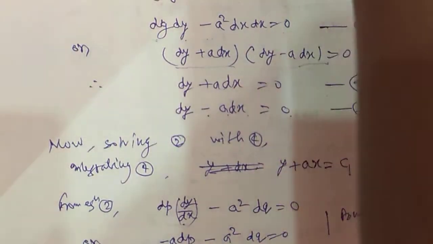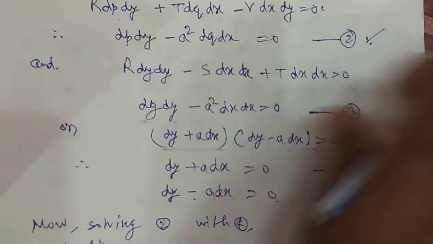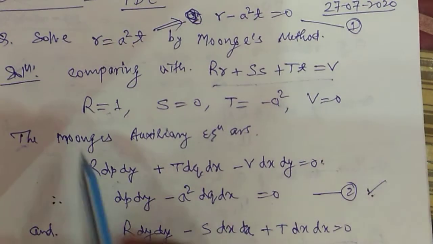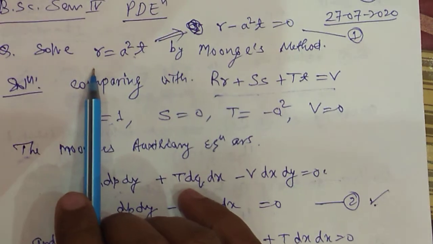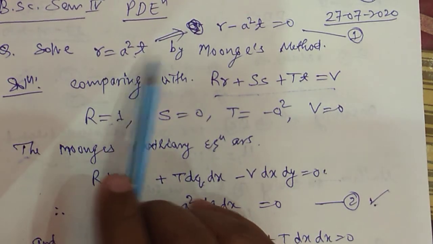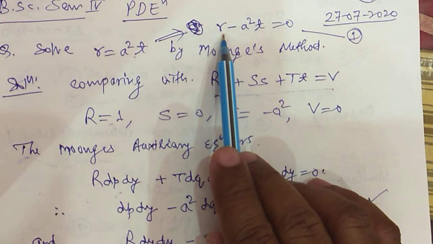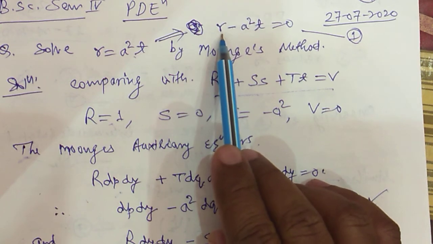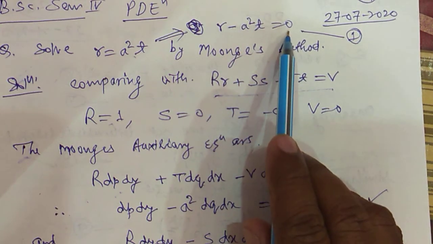Now we solve the question. Suppose the given equation is r equal to a square t. To match the general equation, we write r minus a square t equal to 0.